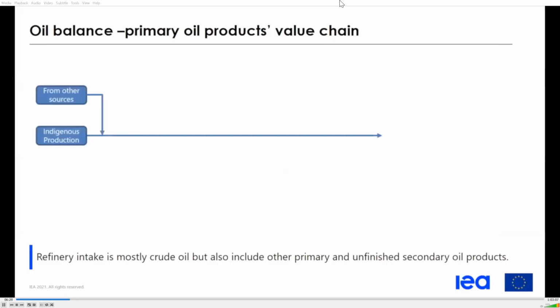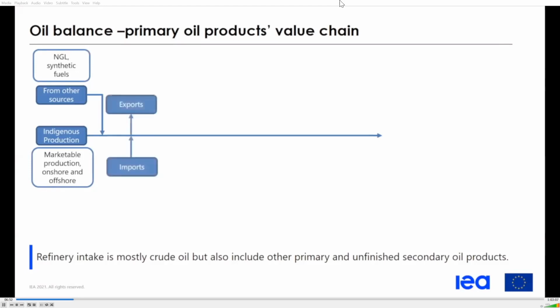We focus on the indigenous production of crude oil and some other sources for natural gas liquids, for example. One note here, we focus in our methodology on marketable production, onshore or offshore, but marketable production coming from within the border of a country. If it's coming from another country, it will be reported as trade, so imports or exports.